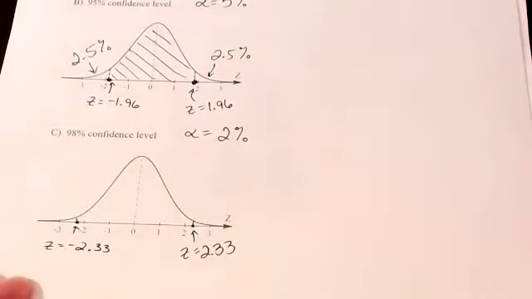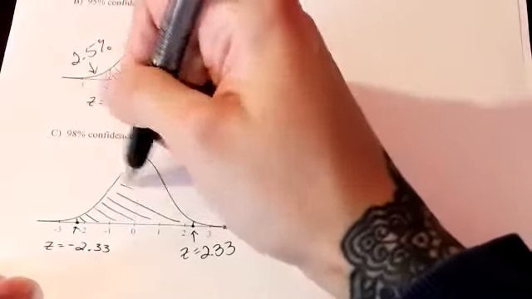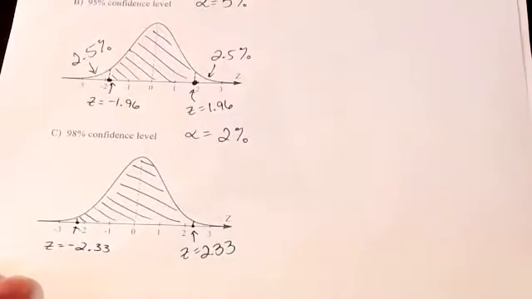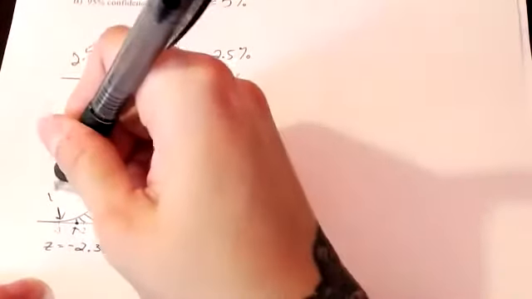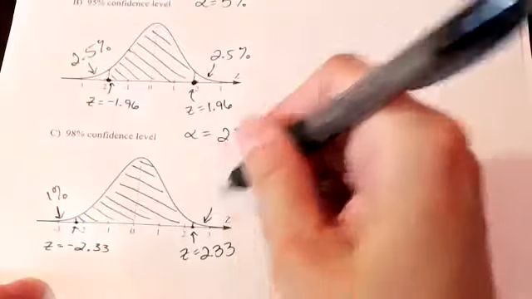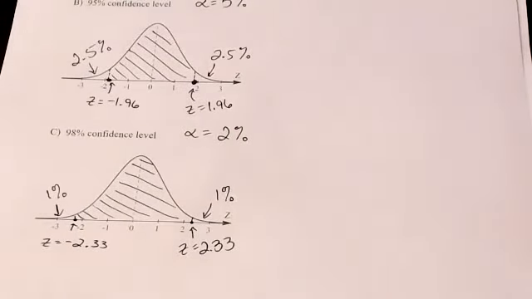Draw the dotted lines up. We're just going to shade this middle region here, which represents 98% confidence level. If our error estimate is 2%, then each tail is going to be 1%. We split that between the two. Very awesome.